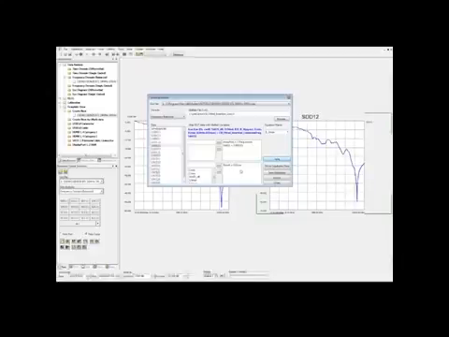Save that formula, and then one more is just overall insertion loss deviation. And save those. Okay, so we've done all of the mapping of the MATLAB variables.